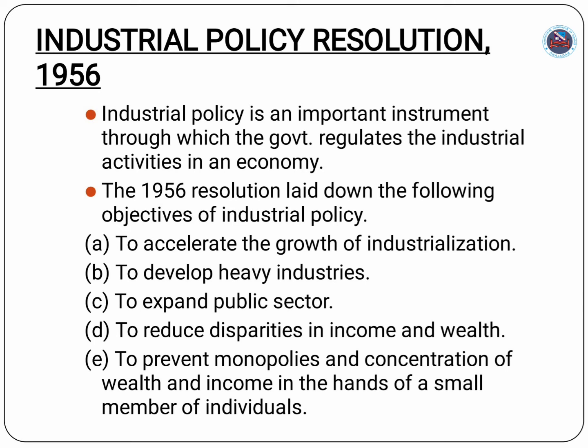Monopoly means ownership by a single individual and concentration of wealth and income in the hands of a small number of individuals. So these were some of the objectives set up under the Industrial Policy Resolution 1956.